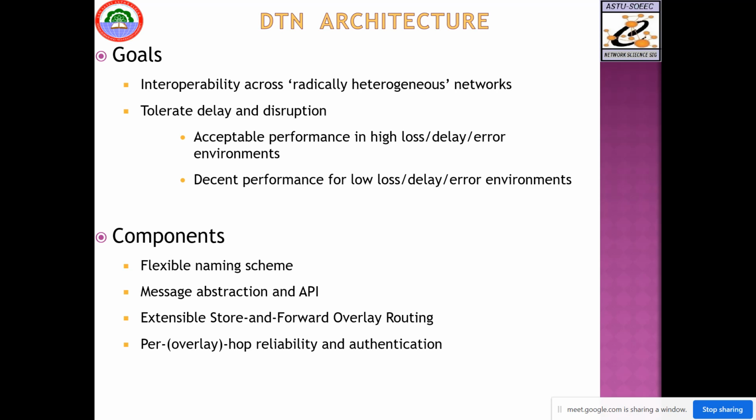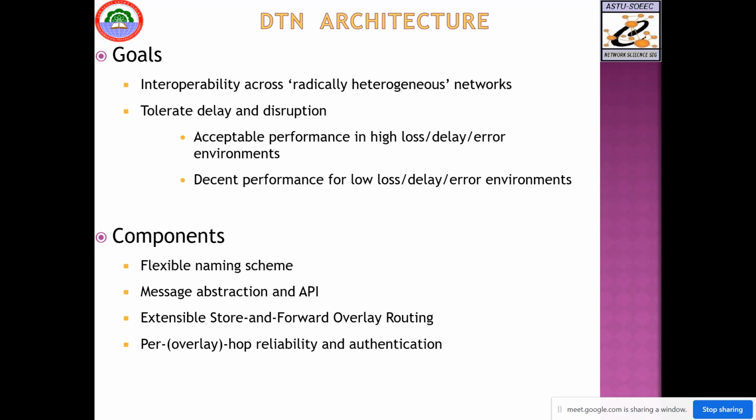and when we come to DTN architecture, the goals are that the network has to tolerate the delay and has to tolerate disconnection. Because of this, we have high loss, high delay, and high error-prone environments.